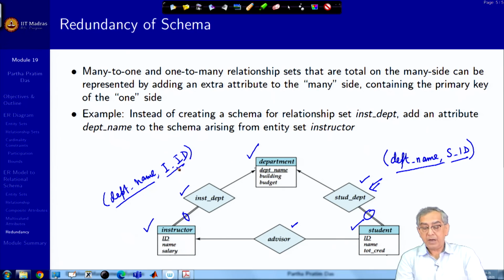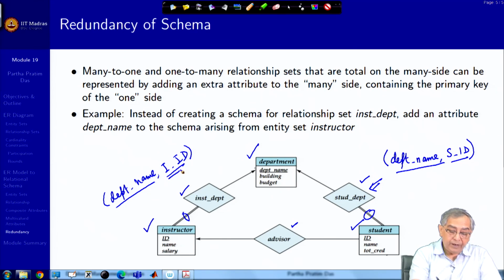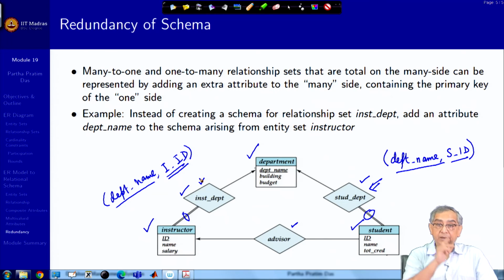Right. Now, the point is, since from the many side this is total, which means that for every IID there is an entry in this, and it is many to one. So, that entry is unique.